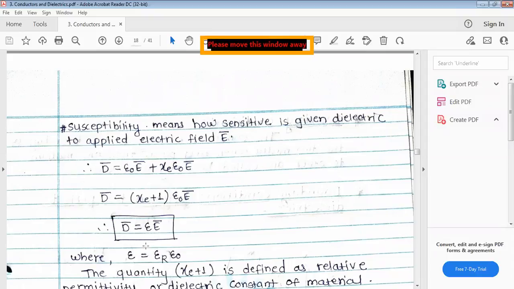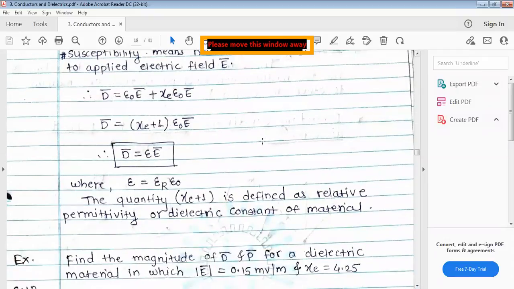And this D bar is equal to epsilon into E bar. This is for all types of materials, where epsilon is equal to epsilon 0 into epsilon r. This epsilon r is the relative permittivity, and epsilon 0 is the permittivity of free space.